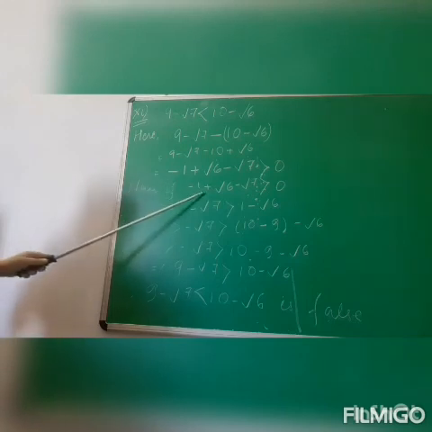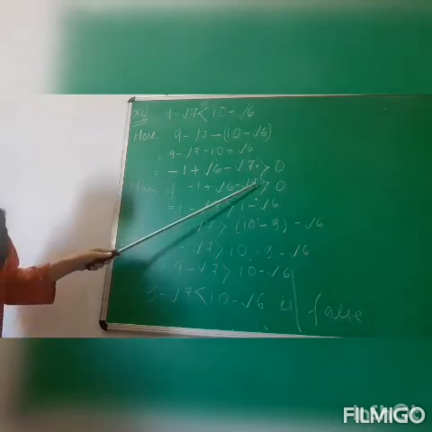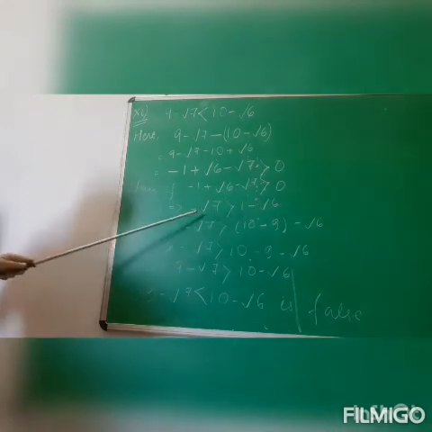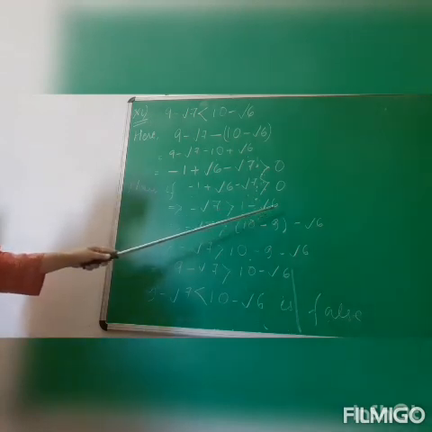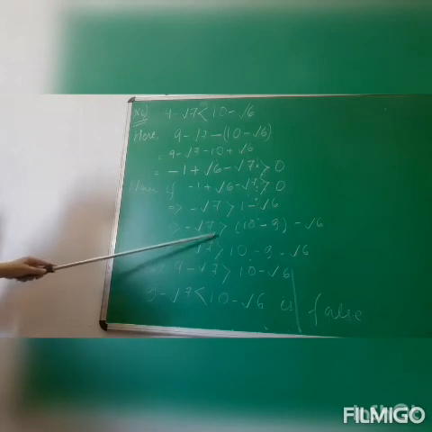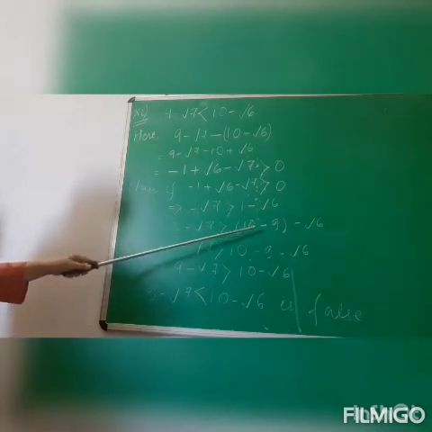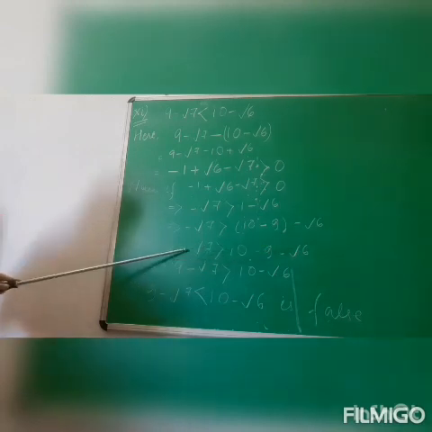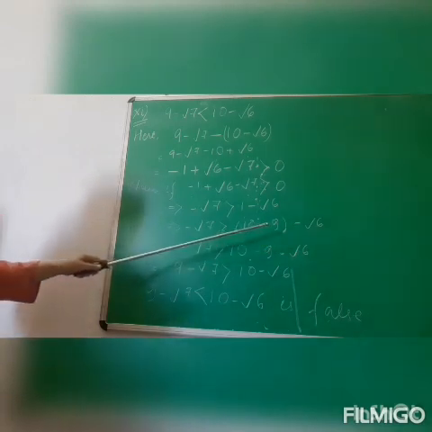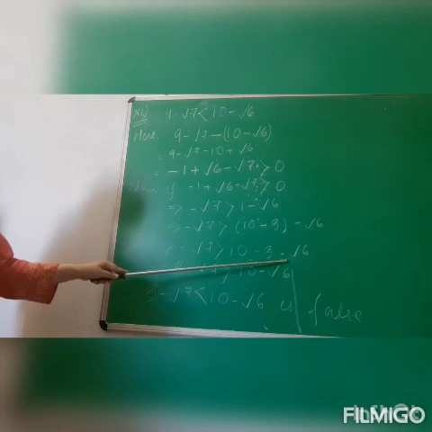Now if minus 1 plus root 6 minus root 7 is greater than 0, I can keep here minus root 7 greater than 1 minus root 6. So minus root 7 greater than, in place of 1 I can write 10 minus 9, minus root 6.